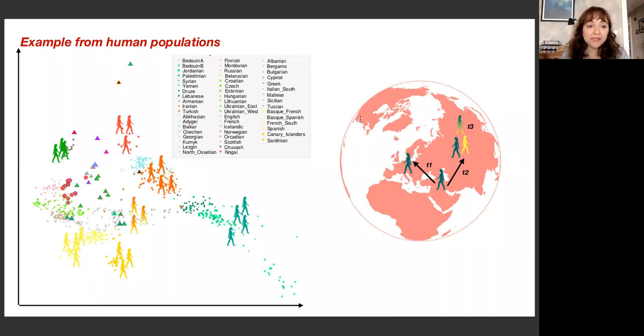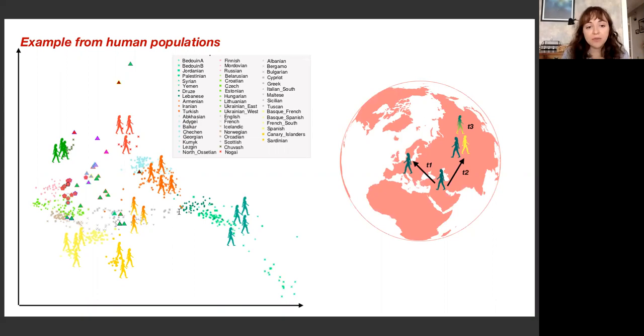Why do we do this? Maybe I can give you an example about it. So this is a principal component analysis result, and this is an example from the human populations. But you can generalize it in your mind for different species.